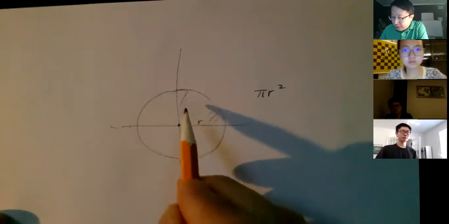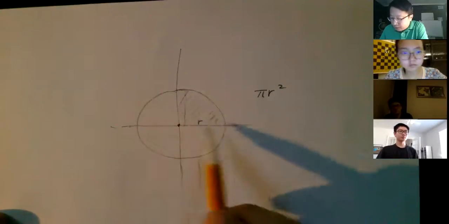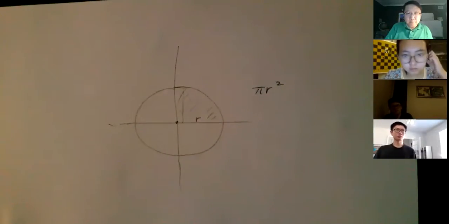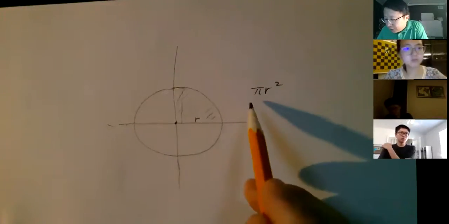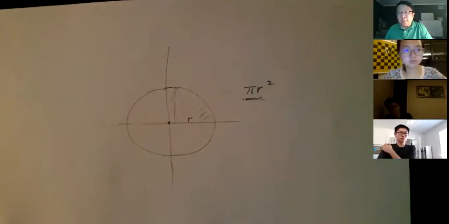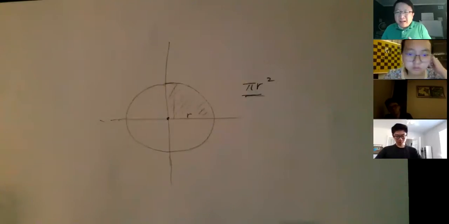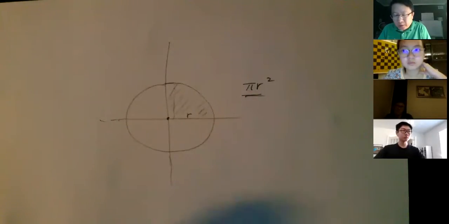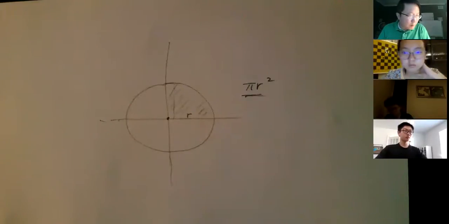So in that case, knowing this is a circle, can you prove the area is pi r squared? It looks like we are using a sledgehammer to crack a nut, right? But this is a good example to show you, and later on we will have more fancy examples.